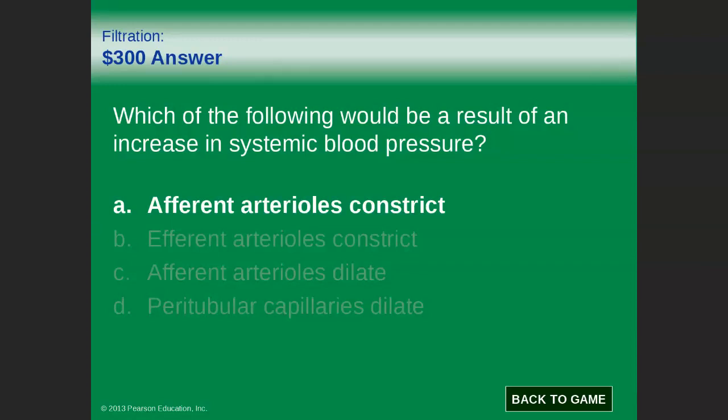Like we were saying in the lecture, think of the glomerulus as a kitchen sink.